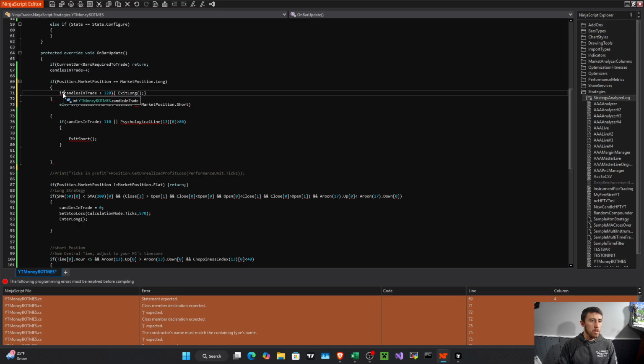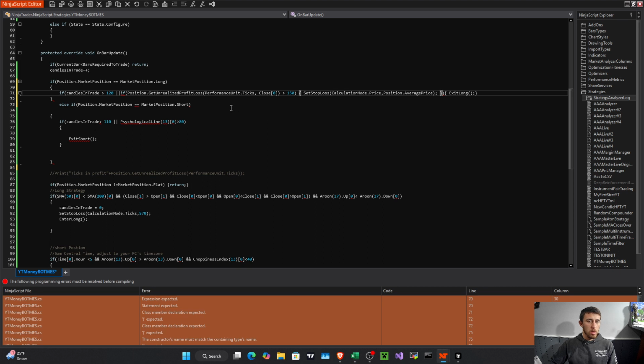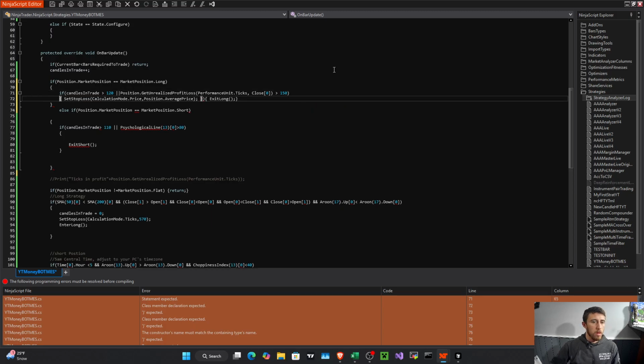Now, if candles in trade or blah, greater than 150, then we set stop loss.